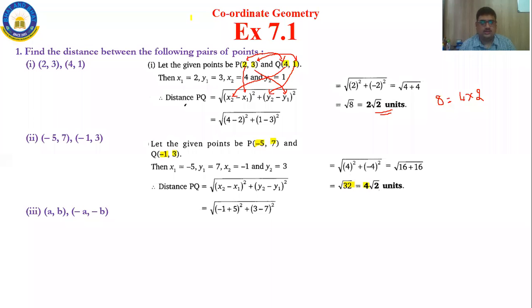Okay, fine. Siddhant. Correct, Siddhant. Yes.